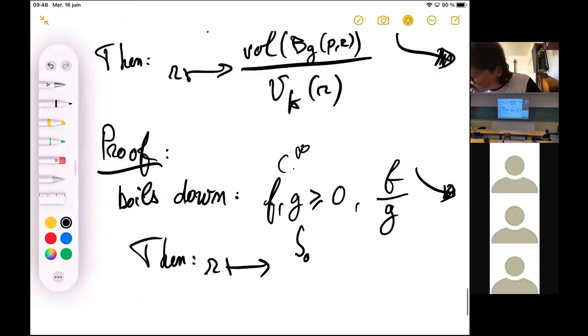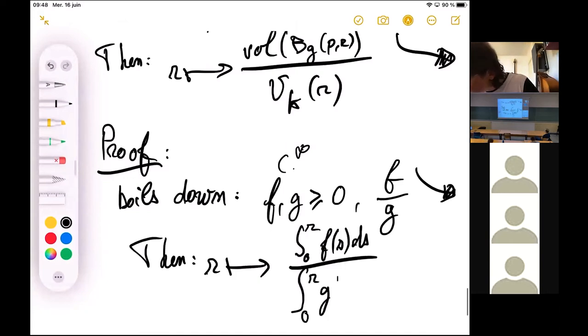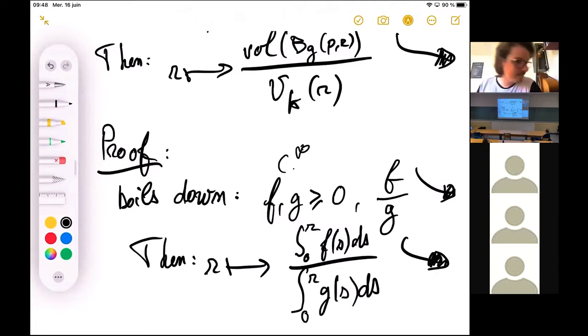R maps to the integral from 0 to R of f of s ds over the integral from 0 to R of g of s ds, is also non-increasing.